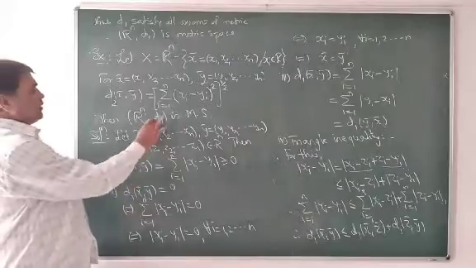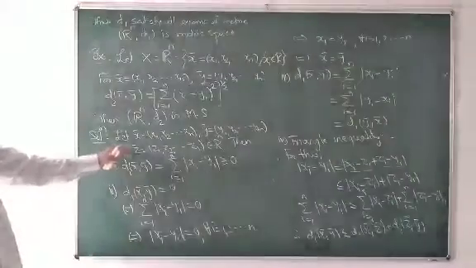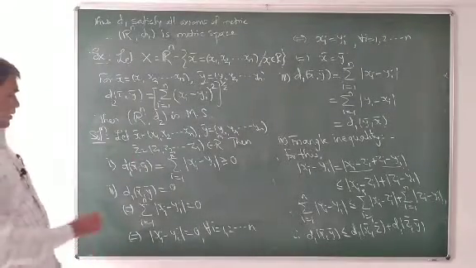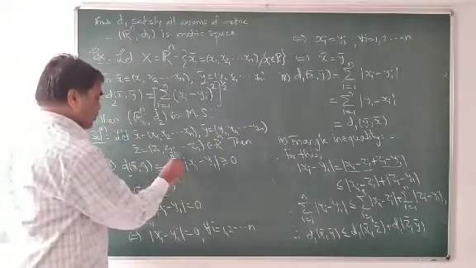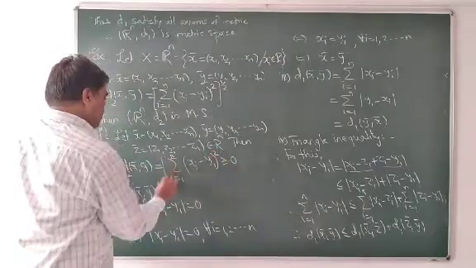Then Rn with respect to d2 is also a metric space. For this again we will take these three vectors in Rn. So here d2 of x bar y bar is summation of i equal to 1 to n, xi minus yi square, raised to 1 half.